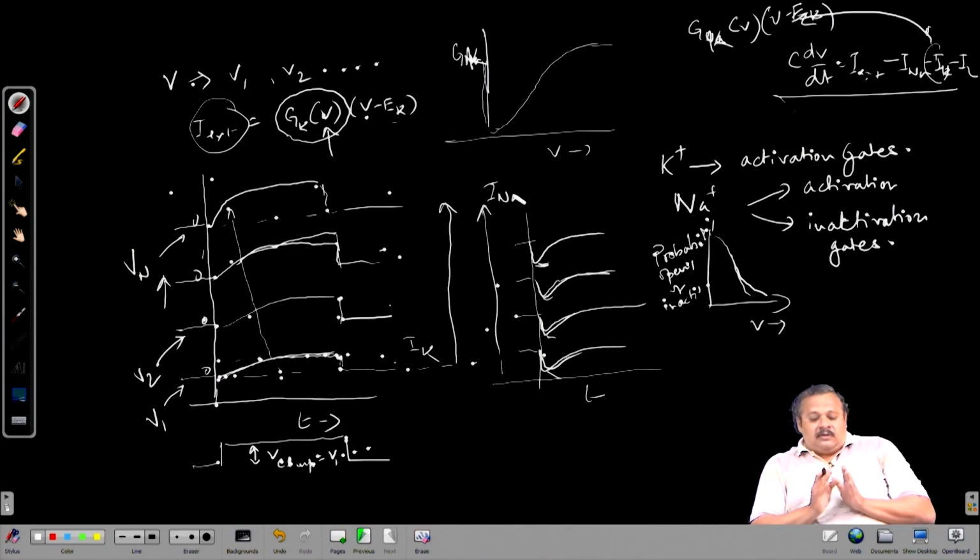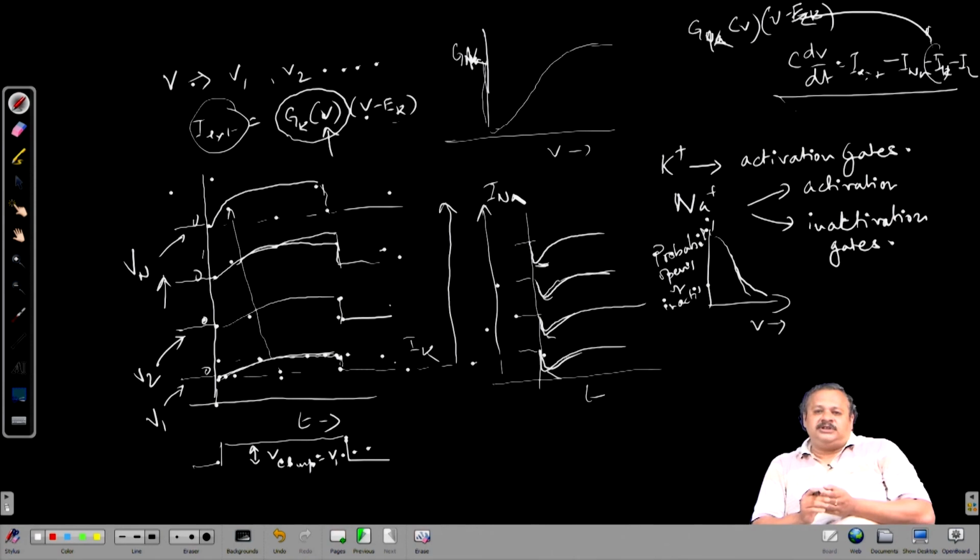And what Hodgkin and Huxley proposed is that this can be modeled by assuming that potassium channel opening is controlled by gates that are activated by voltage, that is, activation gates, so with increasing voltage more and more of those gates will open.